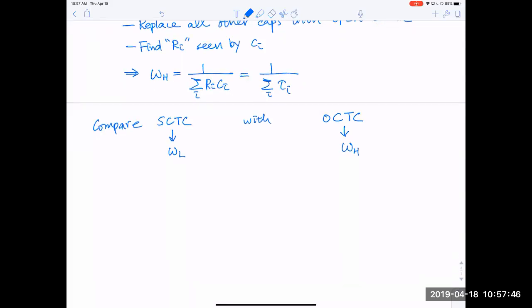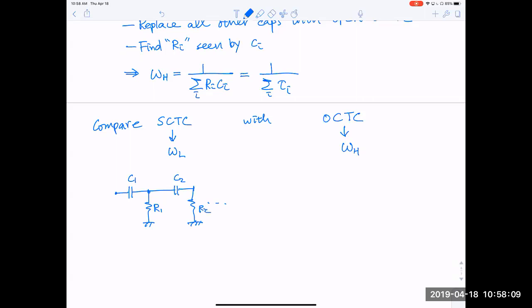There's a quick intuition to this. For low cutoff frequency, we're looking at basically a bunch of high pass filters, right? So you imagine your circuit is a bunch of these together: C1, R1, C2, R2.